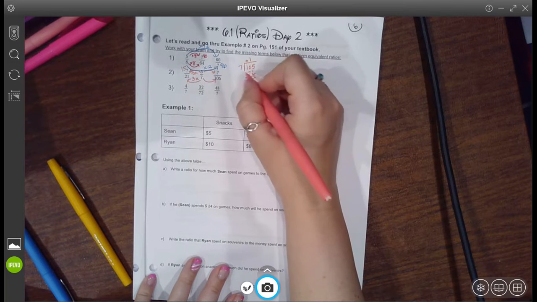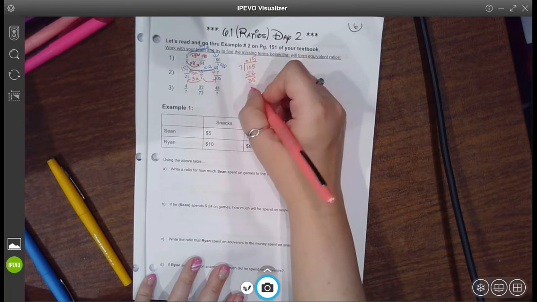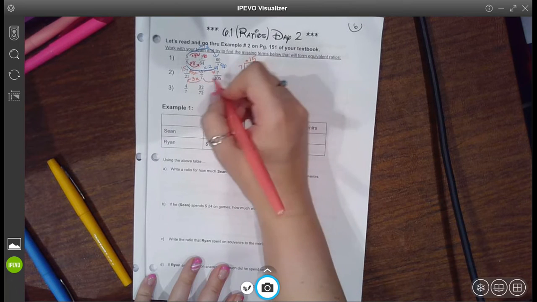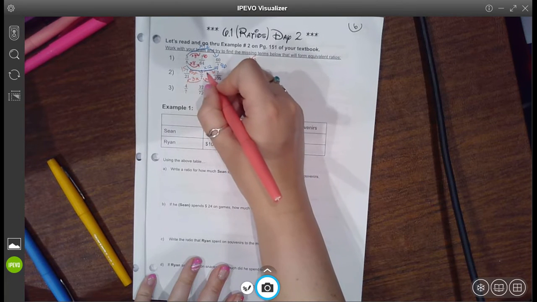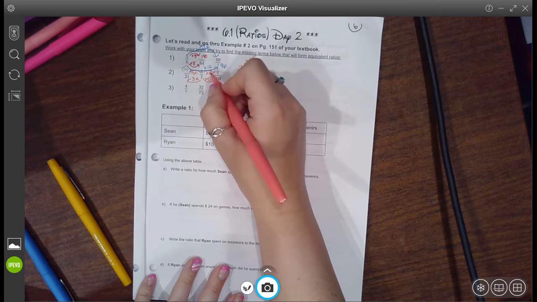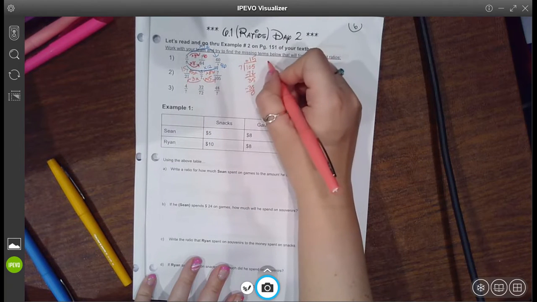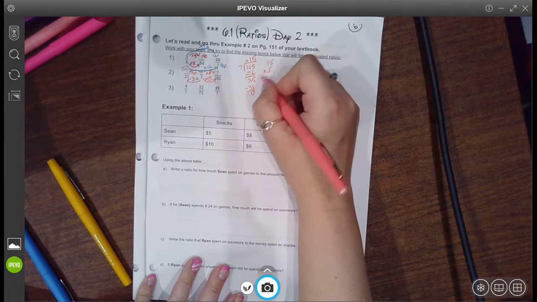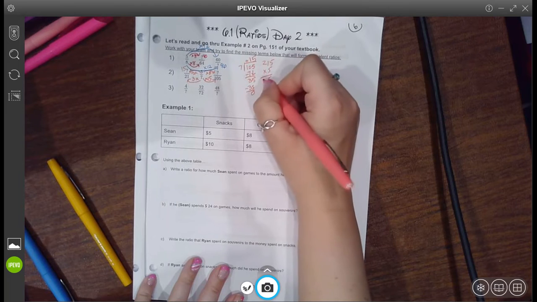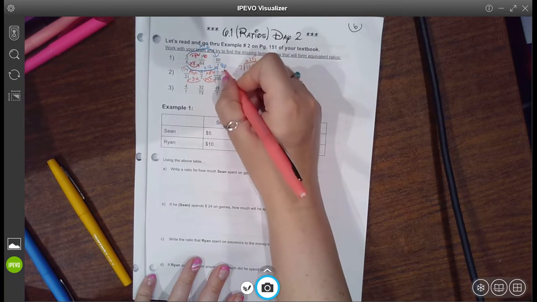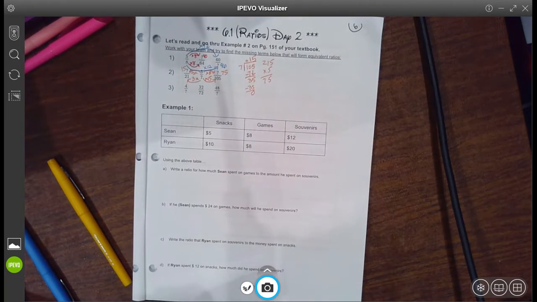Bring down the 5, and 7 goes into 35 5 times. So 7 times 15 is 105, which means I need to do the same thing on top. I need to multiply it by 15 as well. Well, 15 times 5 is 75. So that missing piece up top should be 75.